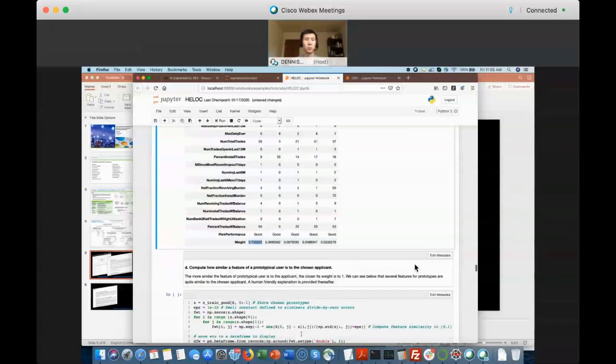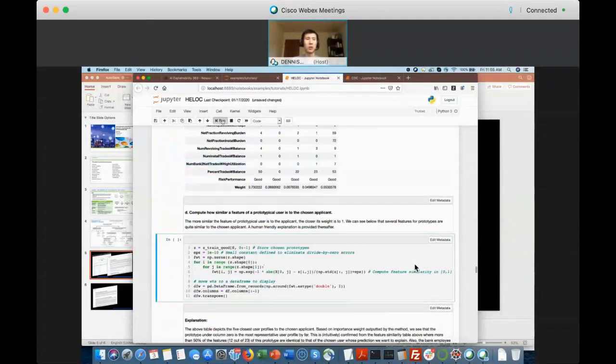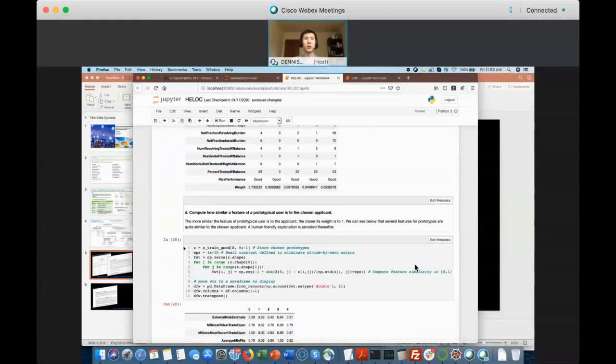In addition to this, if we had a lot of time, we could obviously stare at these features and understand them. For something quicker, we can look at basically which features are exactly identical to the applicant or very close.